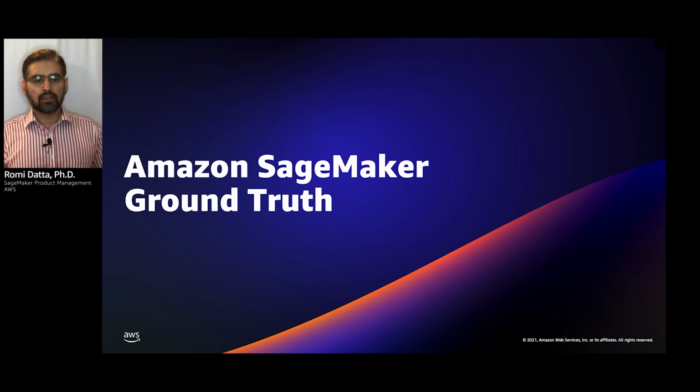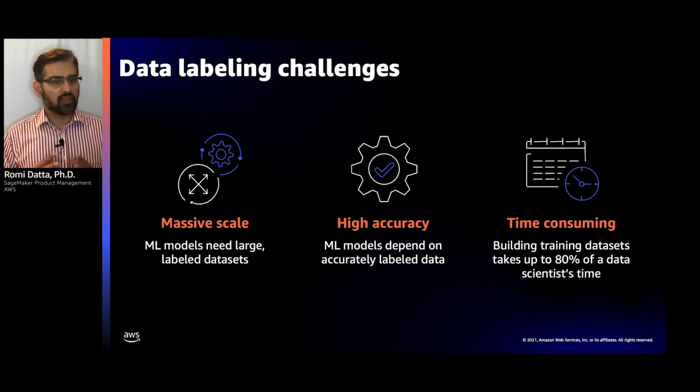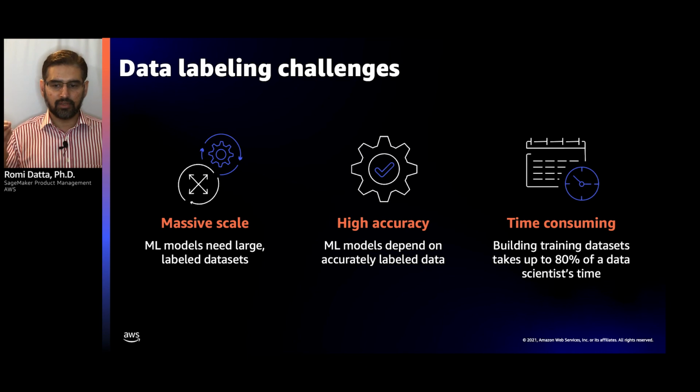Now let's go to the third tool for data preparation, Amazon SageMaker Ground Truth. One of the challenges in many applications like say autonomous driving is that machine learning models need large labeled data sets, and the accuracy of the model in turn depends on how accurately the data sets are labeled.